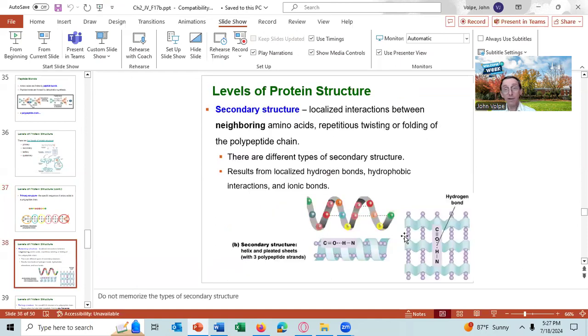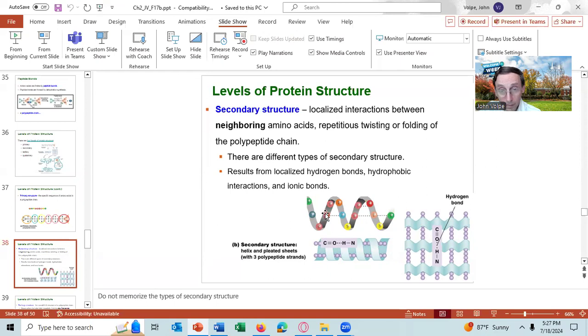The secondary structure is the localized interaction between different amino acids, meaning nearby amino acids start interacting with each other in the protein. That gives rise to the secondary structure. The interactions that can happen between the nearby amino acids are, number one, the hydrogen bond.